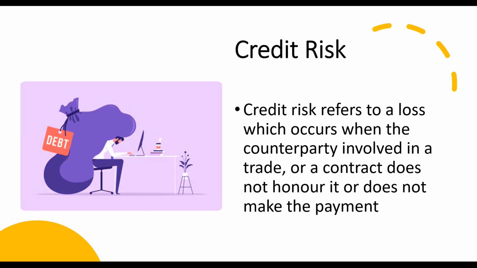Because of credit risk, there will be huge amounts of losses, and when any party is not able to pay the money or not making the payment, the amount of bad debts will keep on increasing.